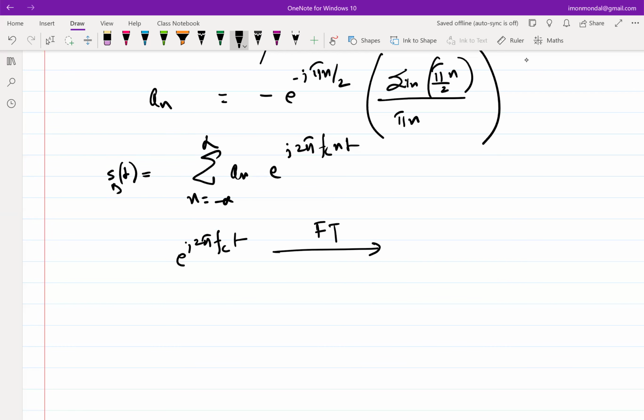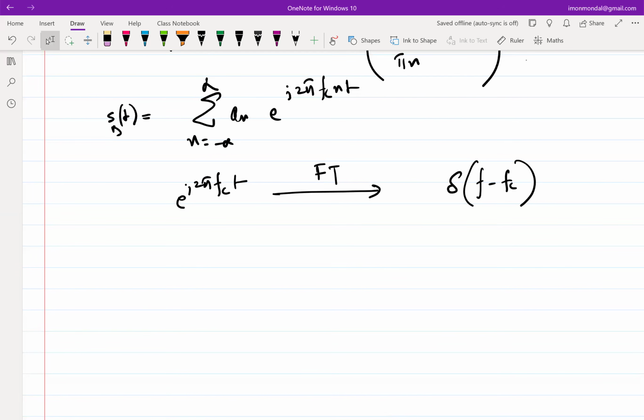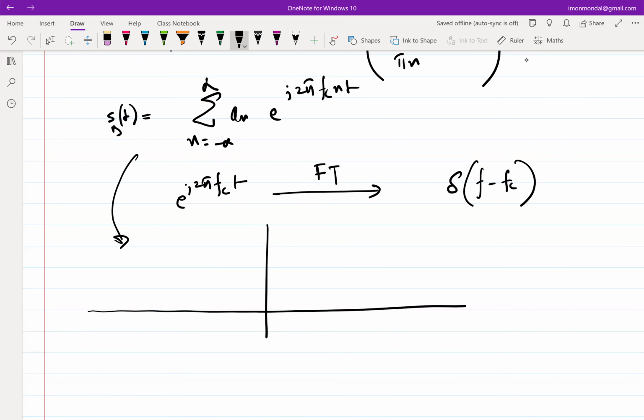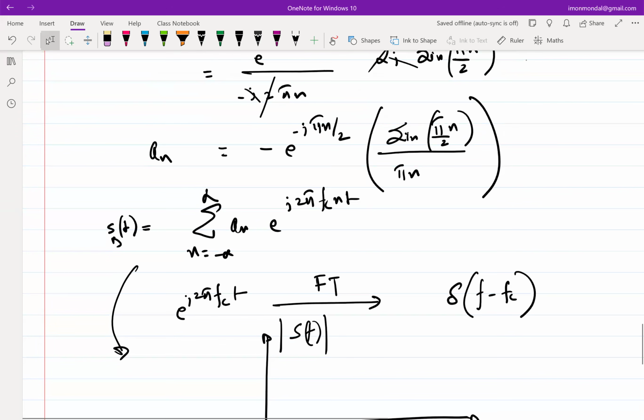Yeah, so this is delta(f minus fc), which essentially means that if I plot the spectrum of s(t), I call this mod of S(f). I'm not interested in this part. So this part, mod gives 1, so they don't come into the picture.